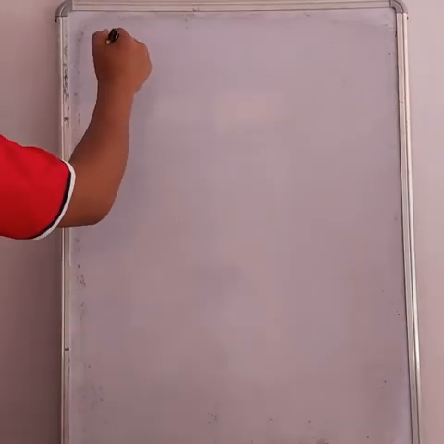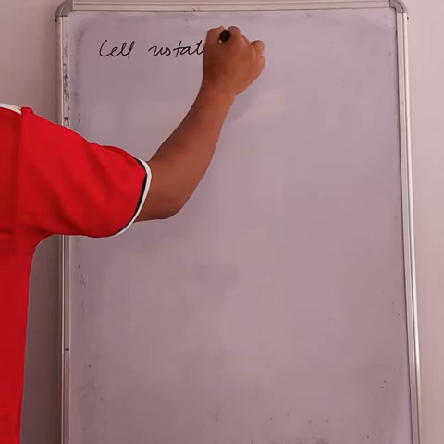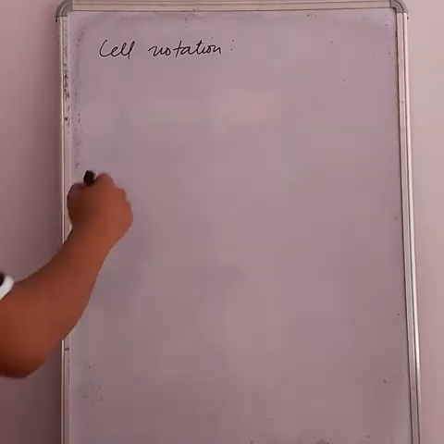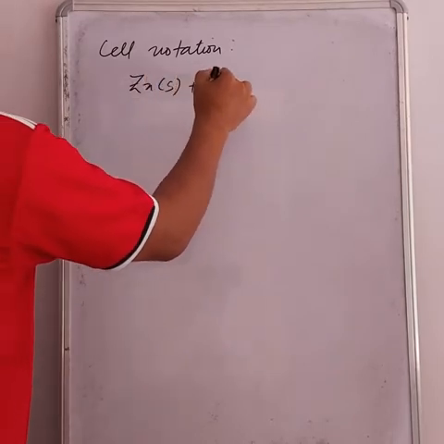Now let's talk about cell notation. There is a convention for representing a cell. Suppose the galvanic cell, as I've mentioned, is the reaction between zinc and copper.